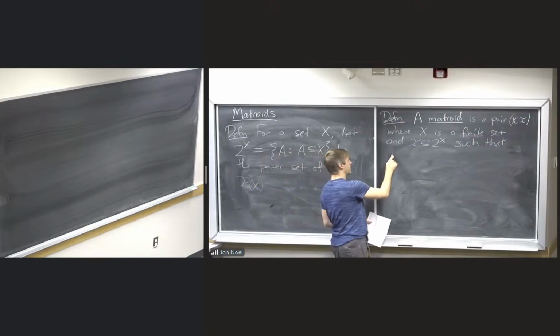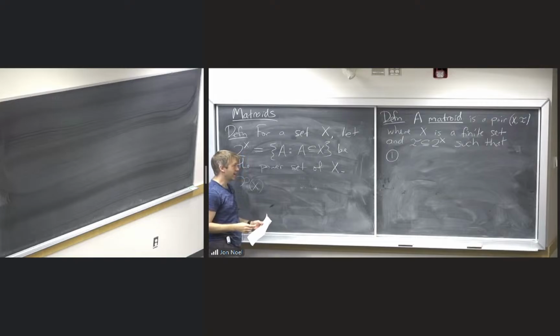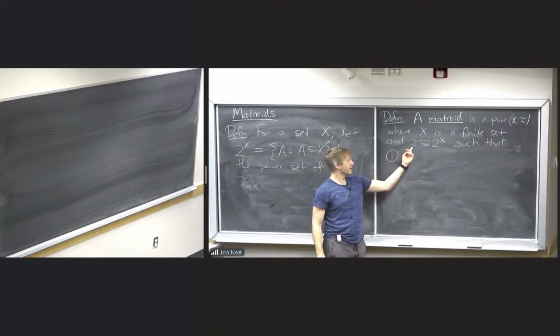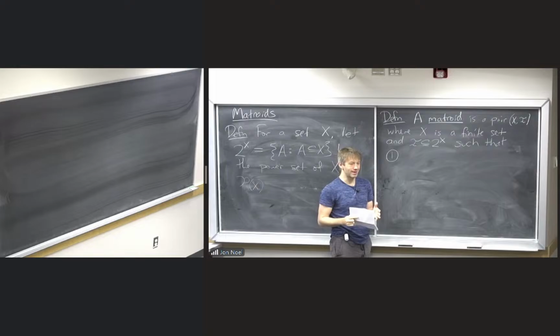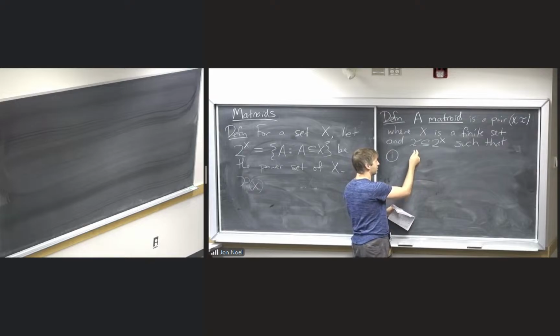The first condition is that I don't want I to be super trivial. I don't want it to be the empty set. So I want it to have something in it. As we're going to see, a natural thing to say is that an element of this is the empty set itself.